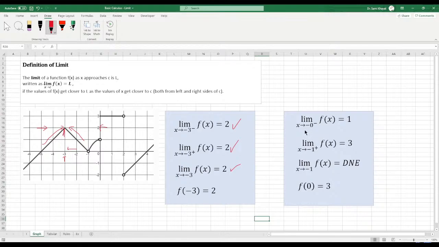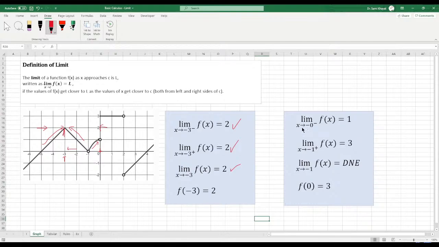Now, let's get another example. The other example is x approaching 0. This is the 0 of x. If I approach 0 from the left side, meaning I'm coming like this, I will reach here, and this one is 1.